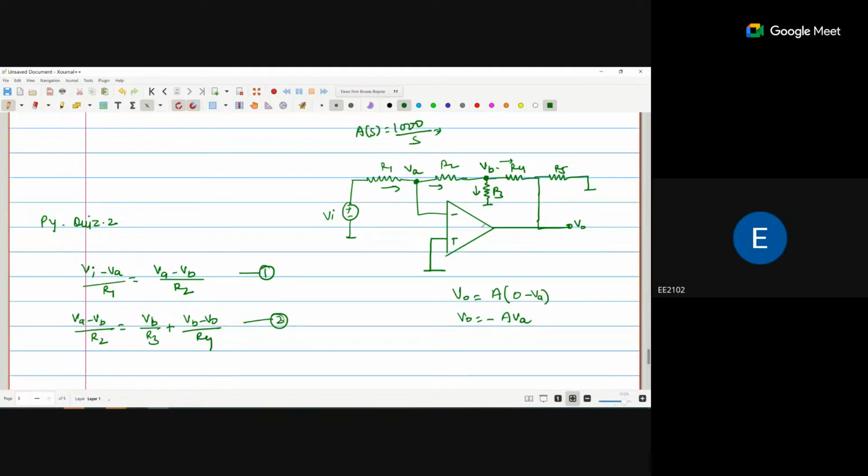Now we got three different equations. Can you solve them and find the terms in VI and V out? So you eliminate VA and VB. Yes, sir, I can. But what about R5? R5 is simply the load resistance. Either I connect it here or I connect it here, that is R5.